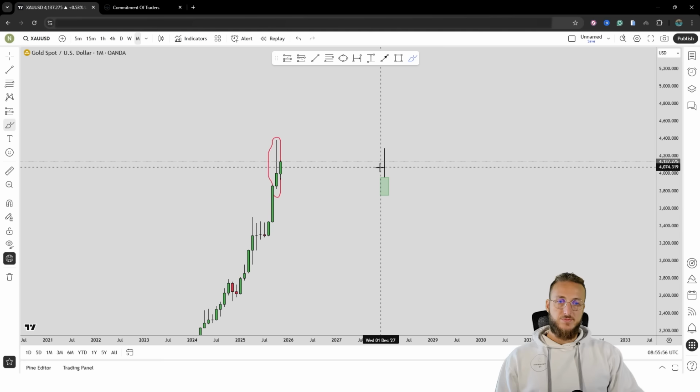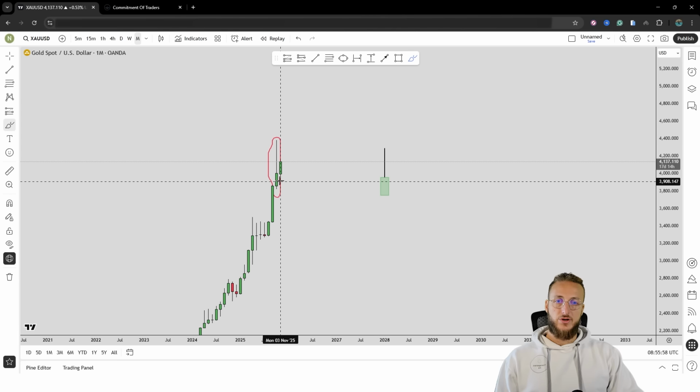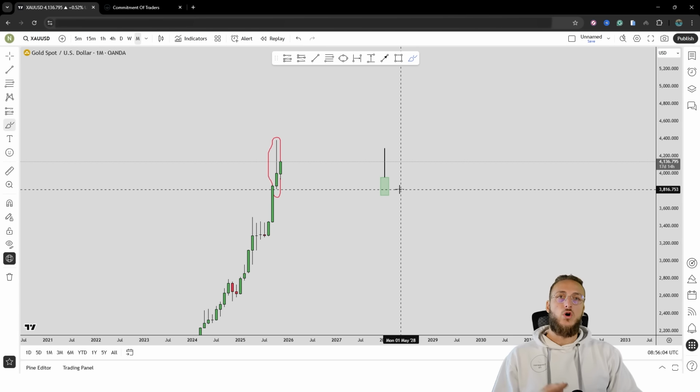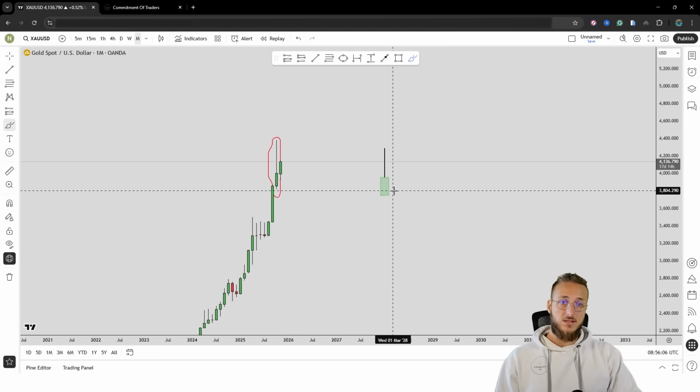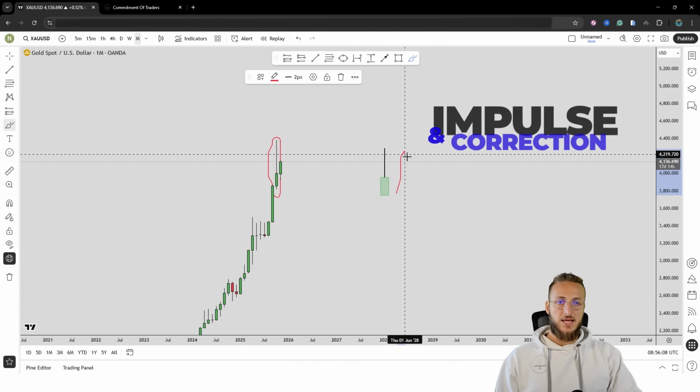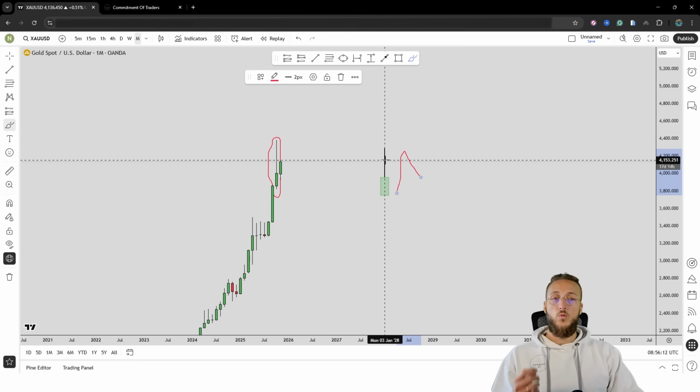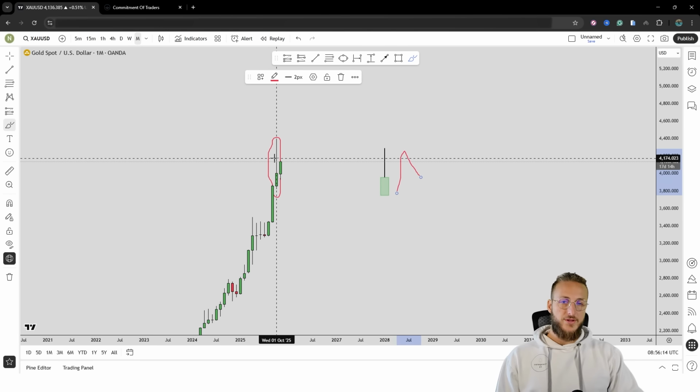Because usually what this means is that if you have this candle here on the monthly, on the weekly time frame, for example, or anyway on the daily time frame, so on lower time frames than the monthly, you will see an impulse and a correction, in which the correction is exactly the wick that we see here on the monthly.